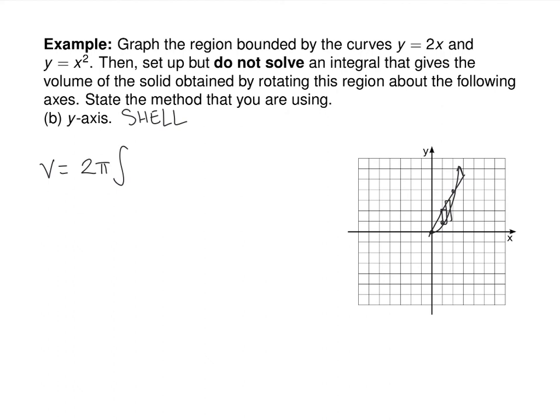So the slices begin at an x value of 0 and they end at an x value of 2. The radius, distance from axis of rotation out to it, is x. And the height is 2x minus x squared.